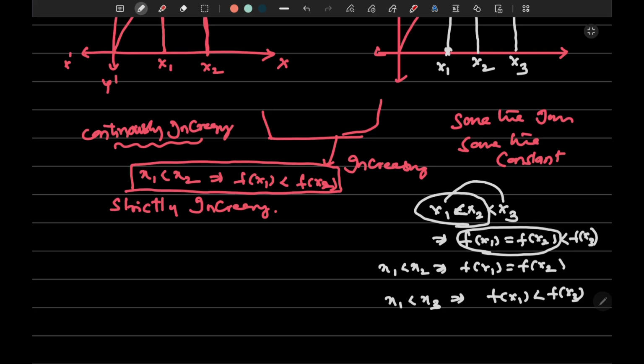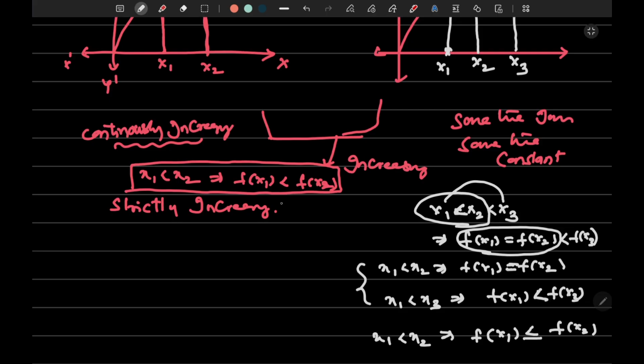Following that? So if I combine these two, x1 is less than x2, then the function value may be lesser, or maybe equal, less than or equal to f of x2.